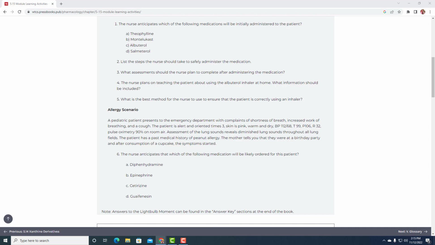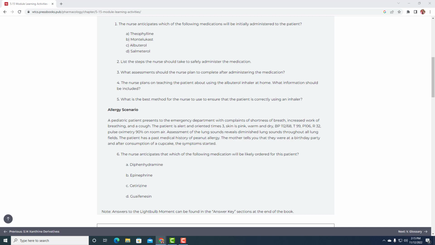But imagine how much easier this question is when I say the nurse anticipates which of the following medications will likely be ordered for the patient. Diphenhydramine, a first-generation antihistamine. Epinephrine, a medication for anaphylaxis. Cetirizine, a second-generation antihistamine, tends to cause less drowsiness.